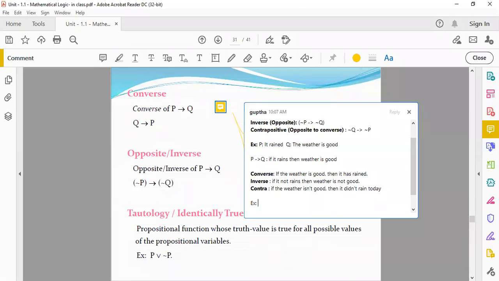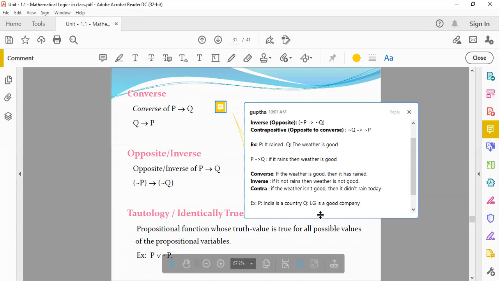First of all, statement P: India is a country, and Q: LG is a good company. Everyone please write the converse, inverse, and contrapositive for the following statement. This is example 1.